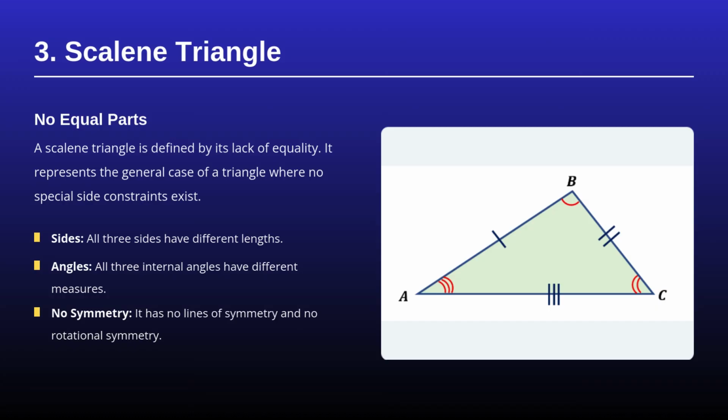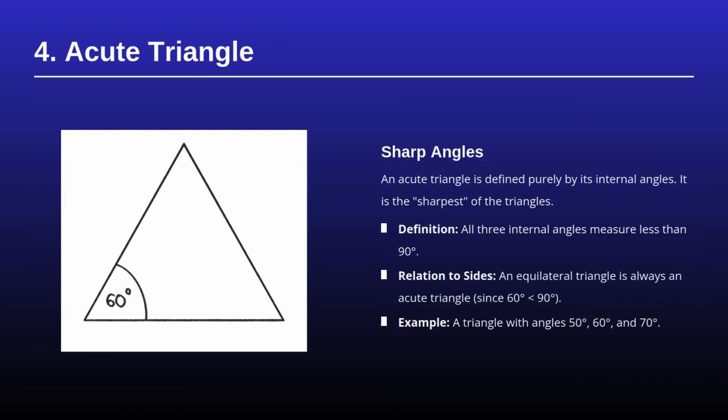Let's move to the second type, which we have classified on the basis of magnitude of angles. So let's come to the first one. This is acute triangle. What is an acute angle triangle? A triangle in which all three angles are acute angles, that is less than 90 degrees, is called an acute angle triangle.